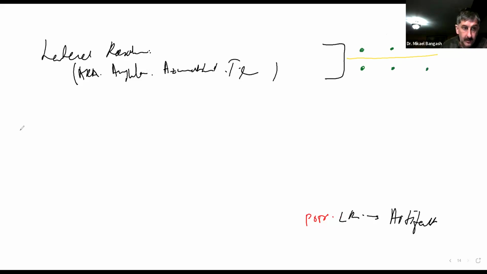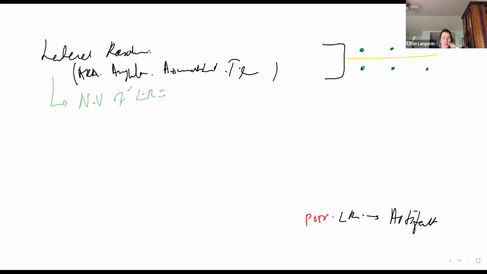The next thing would be, what was the numerical value of lateral resolution? The width of the beam. The width of the beam. Very good.